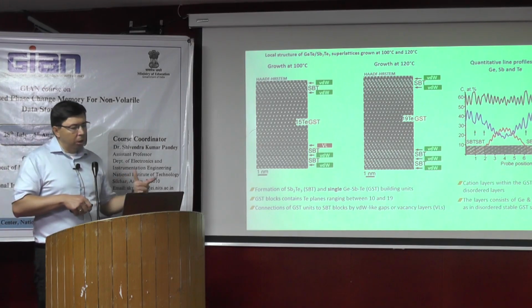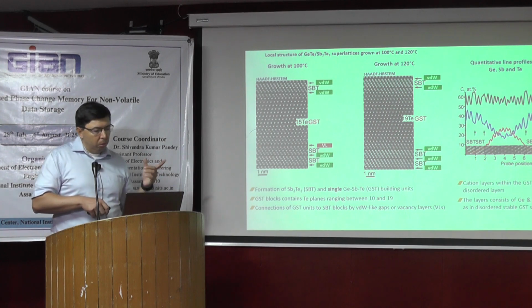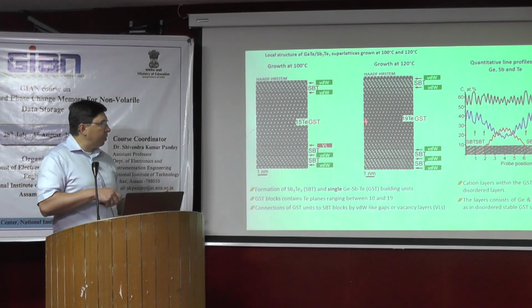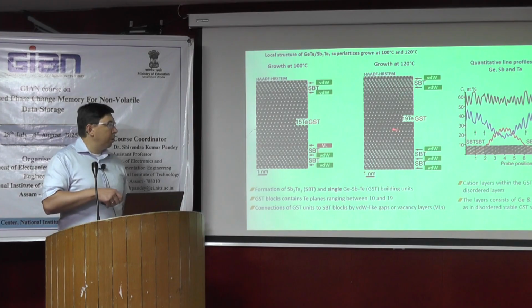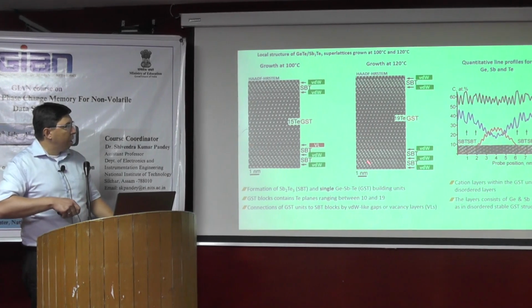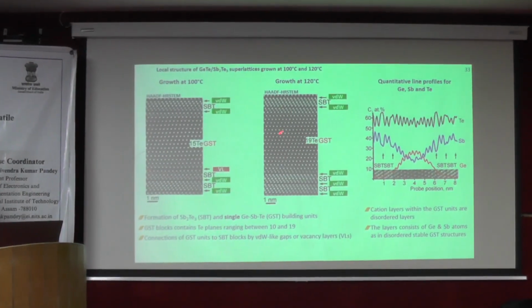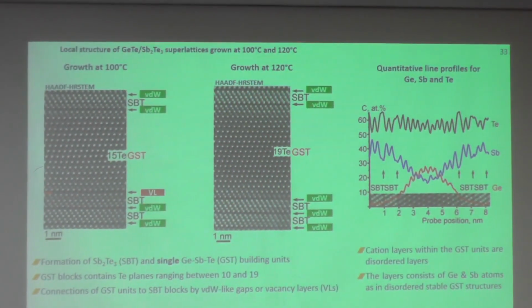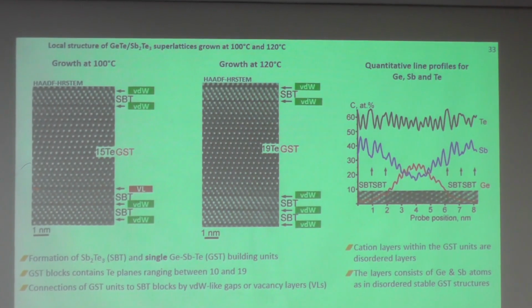So these are not solely germanium telluride blocks. These are a mixture of germanium, antimony, and tellurium. More antimony forms close to the antimony telluride blocks, and less in the center of this block.